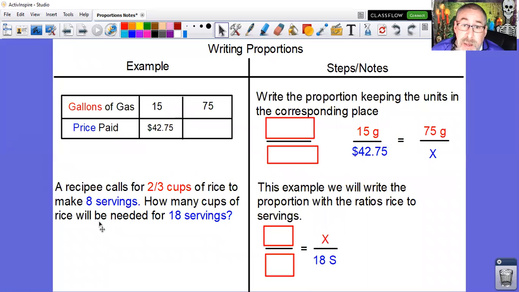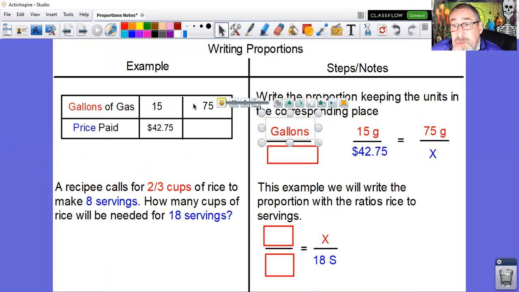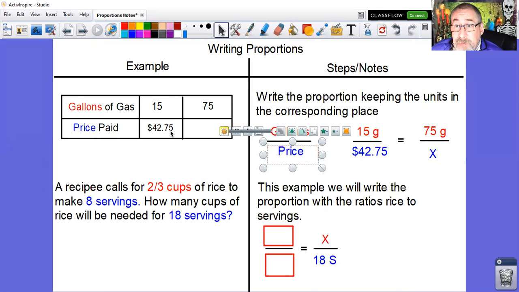All right. Sometimes you will be given a table. So here we have a table, gallons of gas and how much it was paid, and we need to find that missing value. So again, if we start off our first ratio, we have gallons over price.